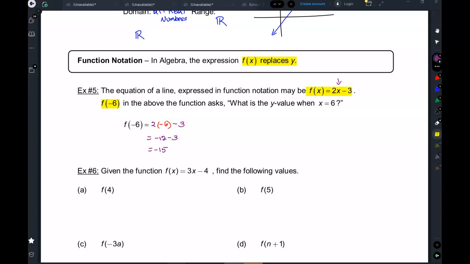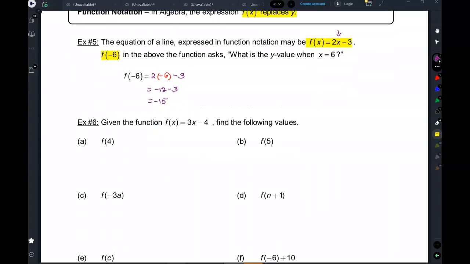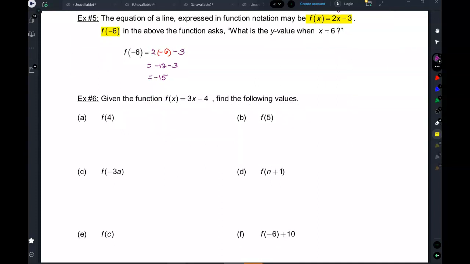Okay, so here, now I have a new function. f of x is 3x minus 4. I want to find f of 4. So I'm going to put that number into each of the x's there. So it's going to be 3 times 4 minus 4, that's 12 minus 4, which is 8.